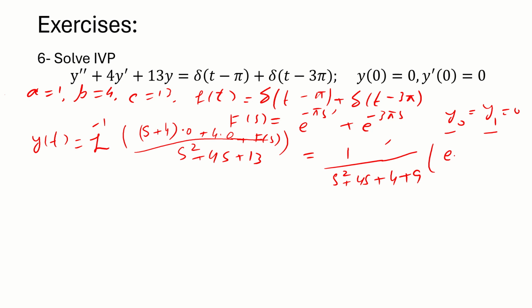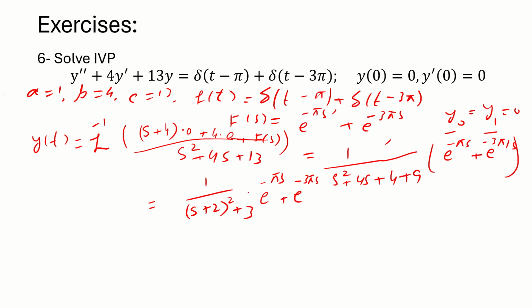F of s is e power minus pi s plus e power minus 3 pi s. So this is basically the same as 1 over (s plus 2) squared plus 3 squared, times (e power minus pi s plus e power minus 3 pi s).